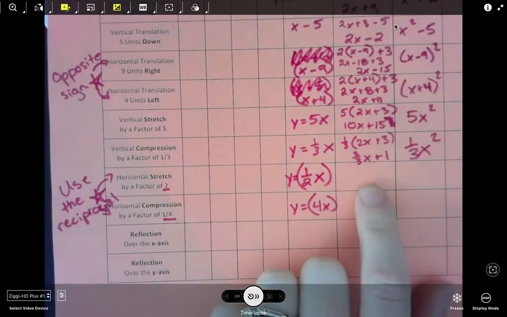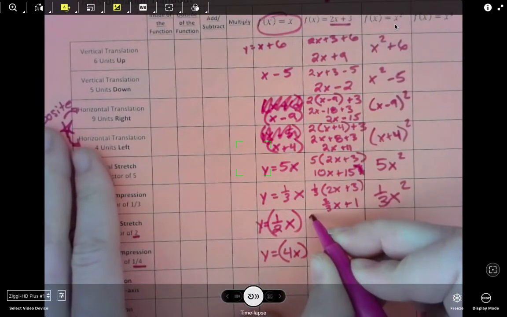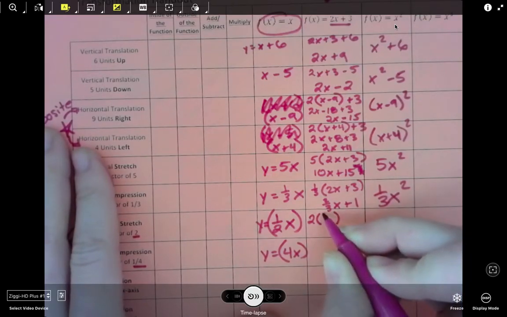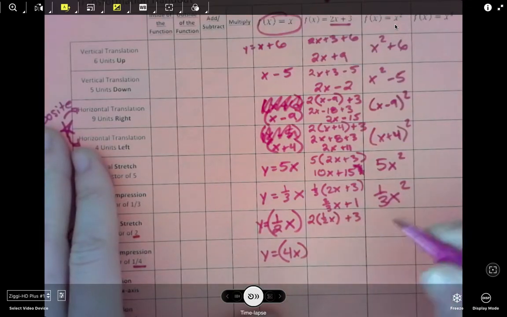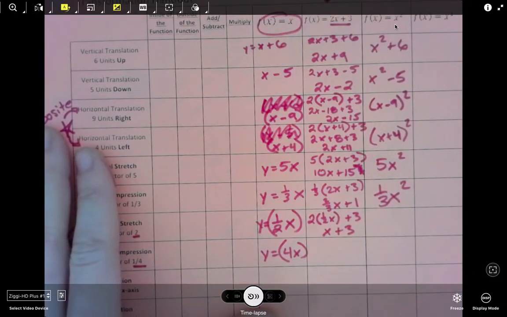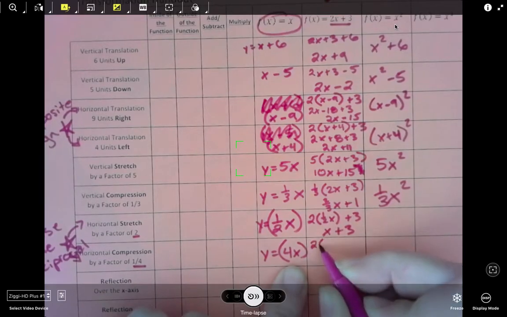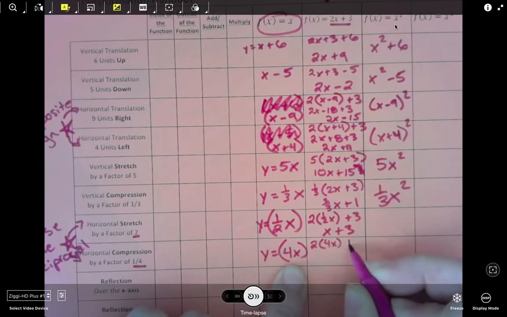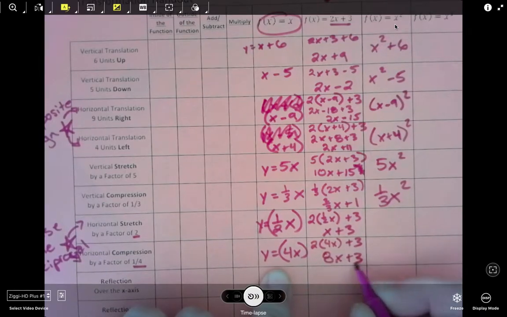What will this look like when 2x plus 3 is what we're starting with? 2 parentheses 1/2 x plus 3. It's 2x plus 3, but we're replacing the x with 1/2 x. So that will actually make it x plus 3. Then the next one we're plugging 4x in, so 2 parentheses 4x plus 3, which will make it 8x plus 3.